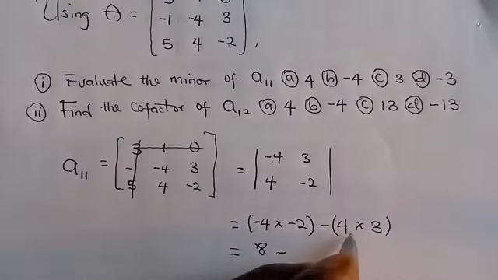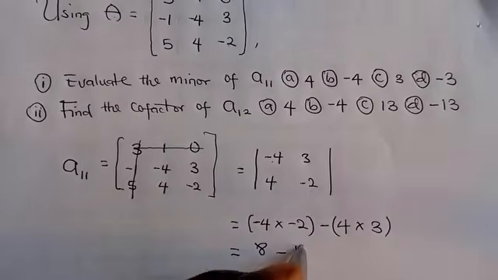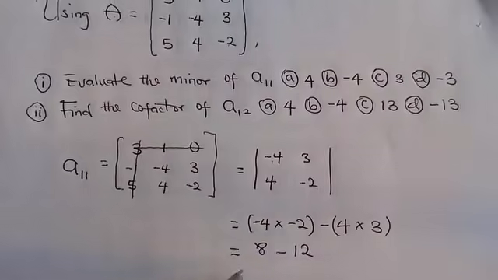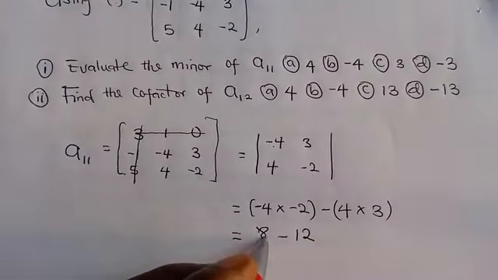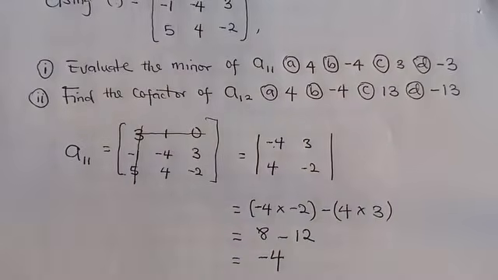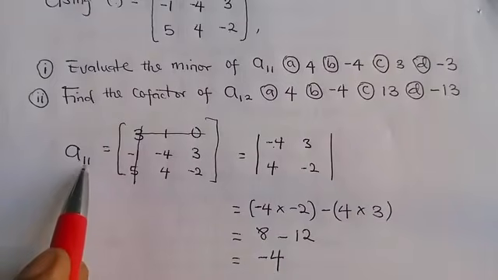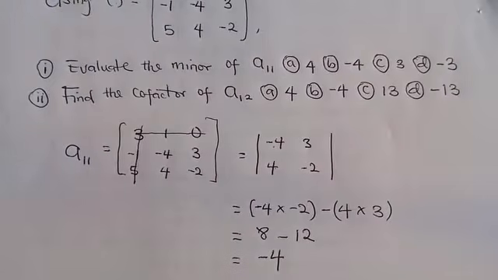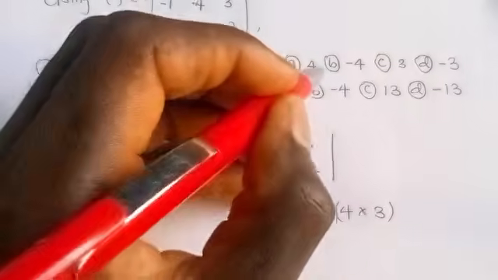Minus 4 times 3, we have 12. And finally, 8 minus 12, we have minus 4. So minus 4 is the value for A11. That is the minor of A11. And that corresponds with option B.